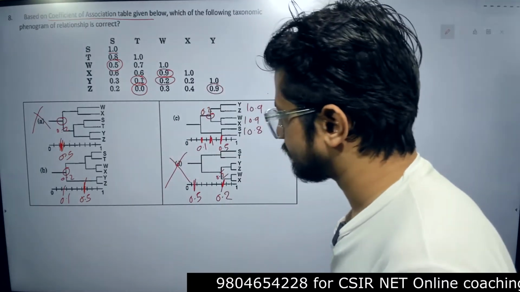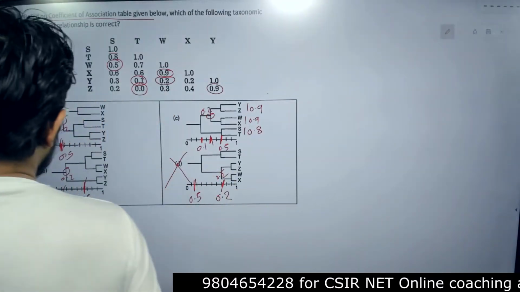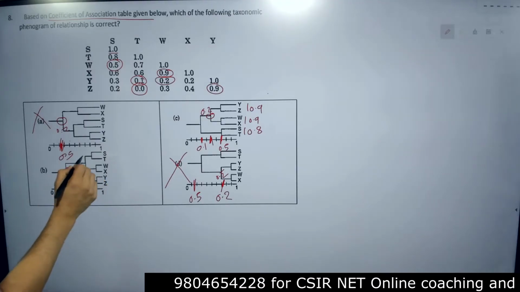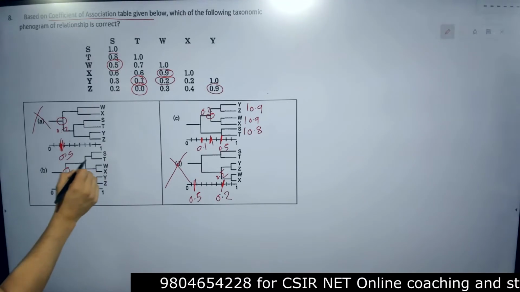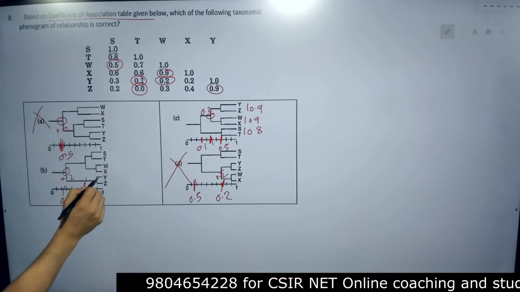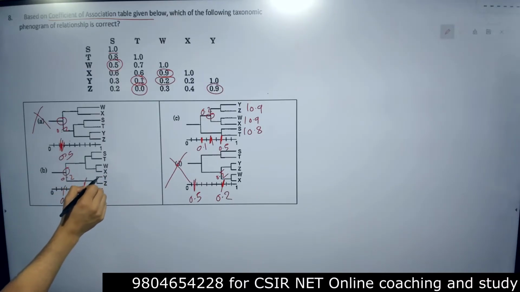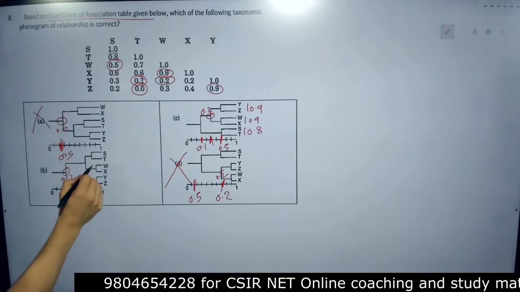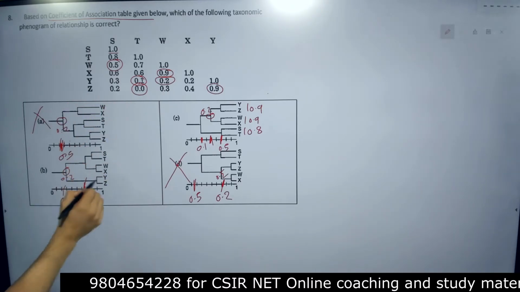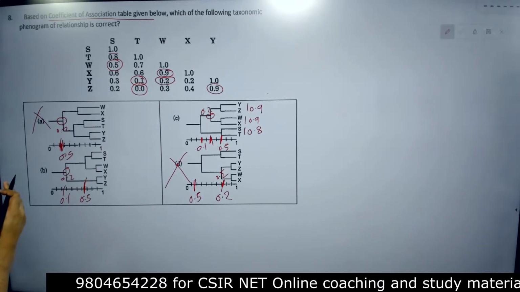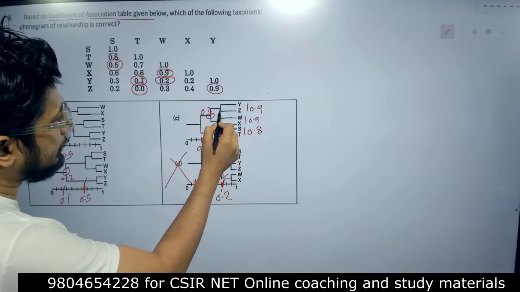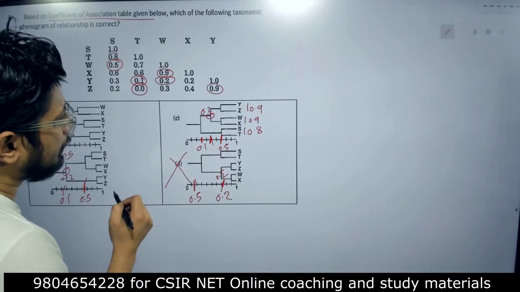Okay. So again, if you see this, between Y and T, we have 0.1. Between Z and T, let's see, Z and T should be 0. So further backward, here also if you see Z and T, Z here, T here, further backward, right?